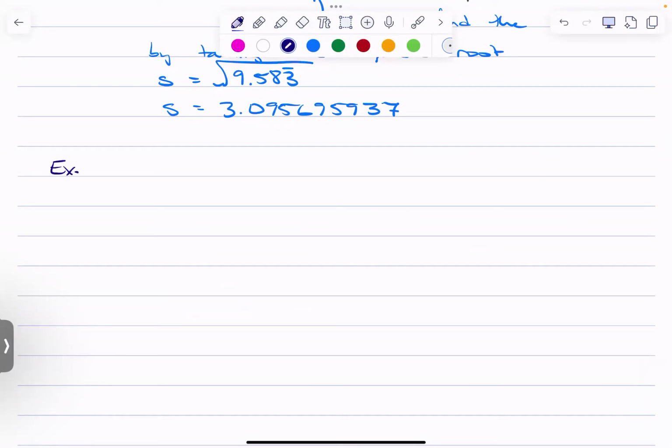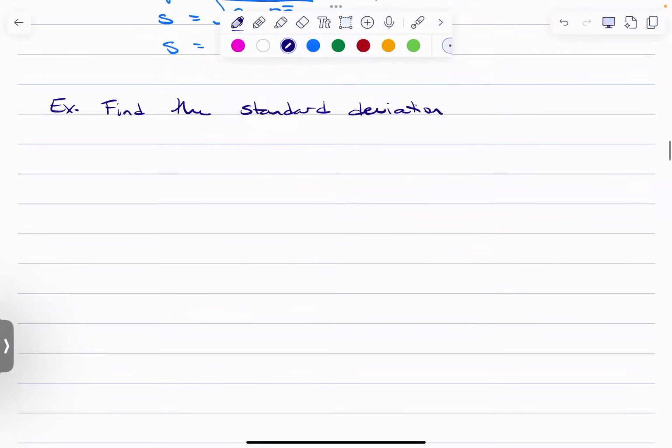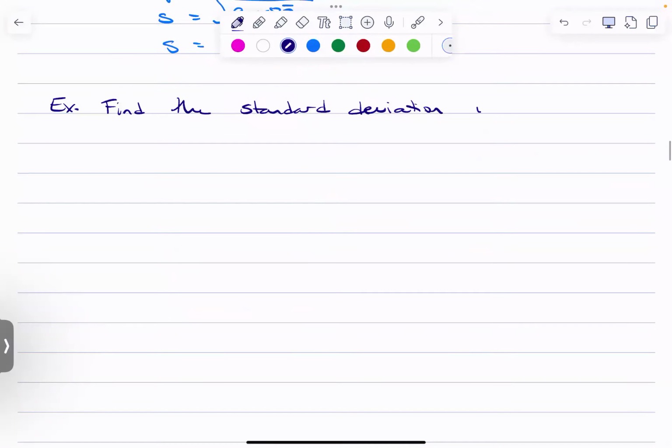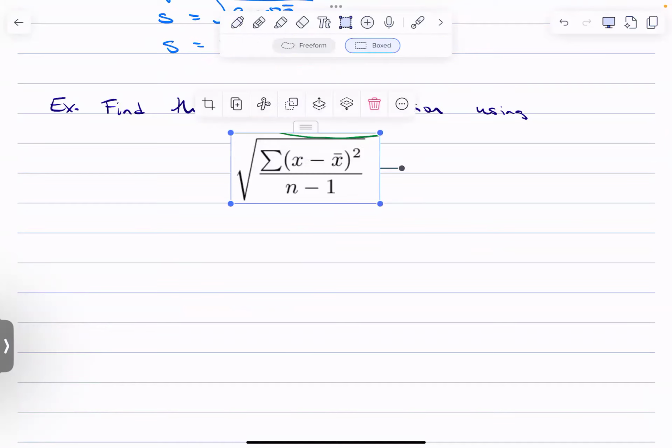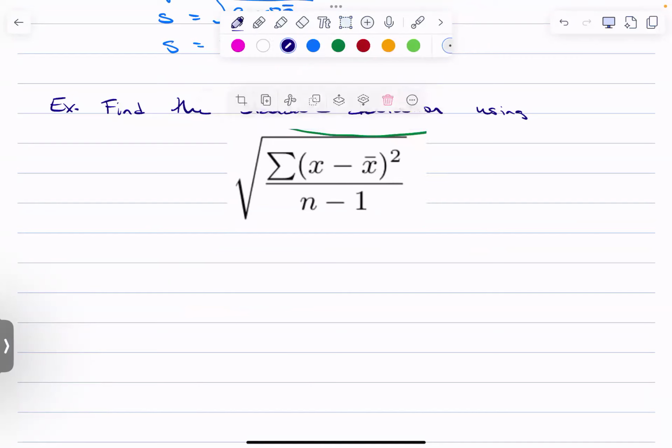So example, find the standard deviation using, paste that there. S is equal to this.